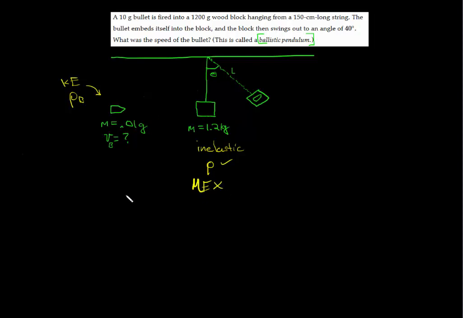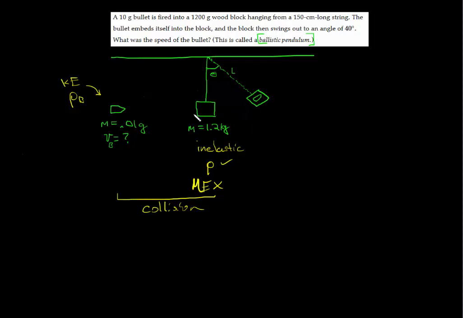Okay, so we can call that part one, just when the bullet collides. So we have this collision. And then we have the second part. The second part is when the block actually gets swung up. And since the bullet is already embedded, we don't have a collision. So we just have this block that starts with some kinetic energy, and then the kinetic energy slowly dissipates.